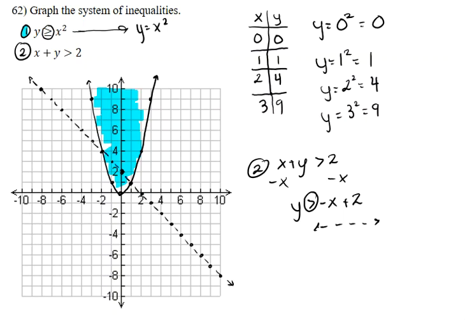Now that we have our line drawn, we can figure out what shaded region we need for that inequality. So I'm going to use a test point, and the easiest one to use in this case is 0, 0. So I'm going to take our test point 0, 0 and plug it into our original inequality. So you're going to get 0 is greater than negative 0 plus 2, which will give you the statement 0 is greater than positive 2.